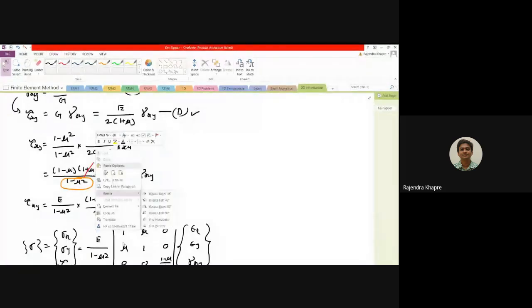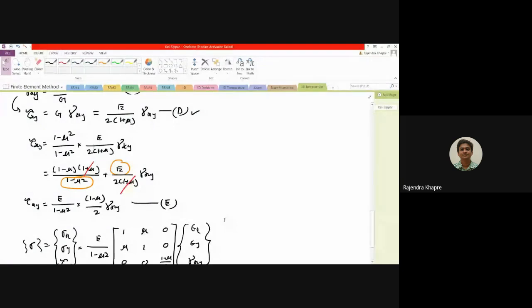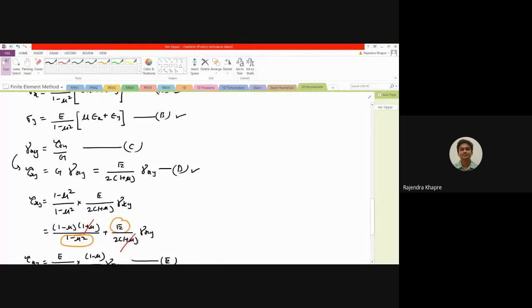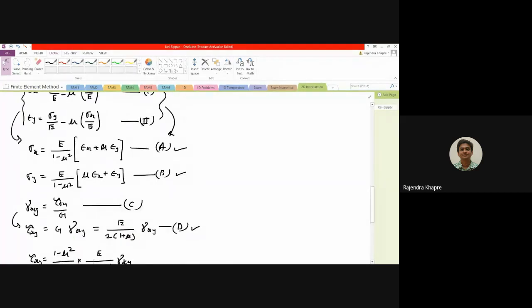In expression b, the value of sigma y can be calculated with this constant, which is common everywhere. Then this will be mu into epsilon x plus 1 into epsilon y. The constant is outside.